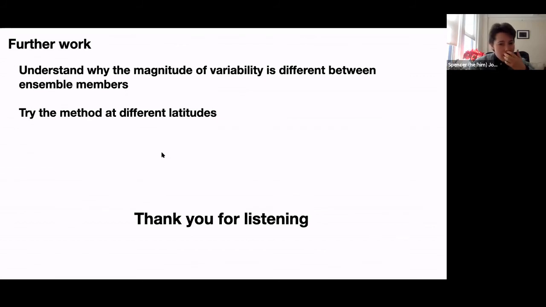So this is maybe a first step in starting to understand, is the AMOC driving this variability in all of the models? I think you can do exactly the same method in all the models if you use this method.